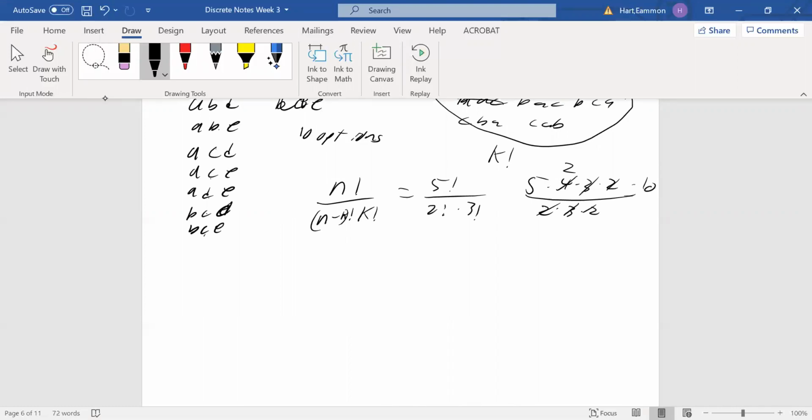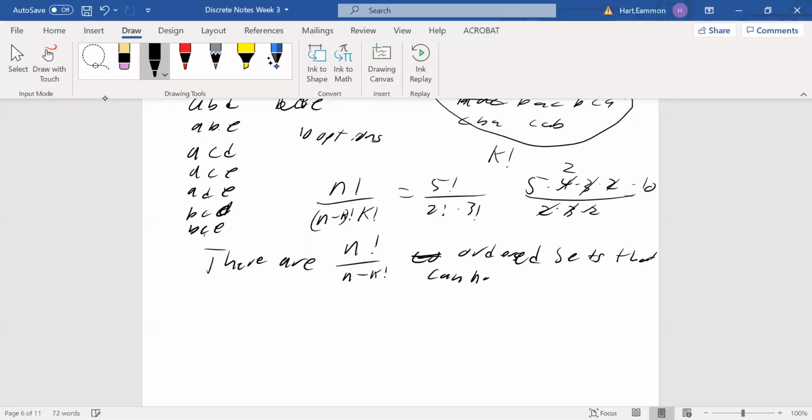There are n factorial divided by n minus k factorial ordered sets that can have their order disregarded.